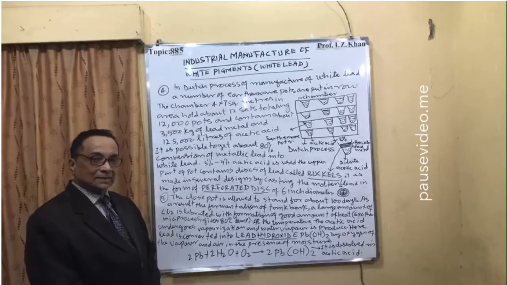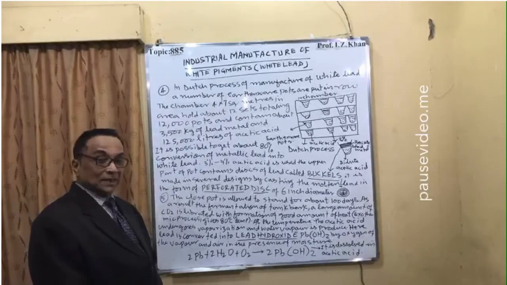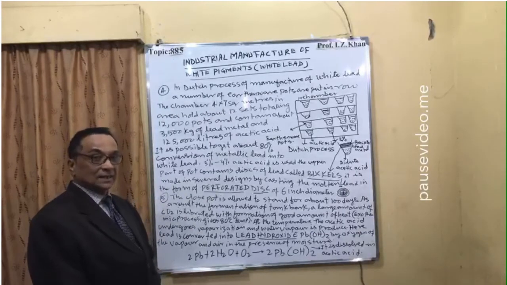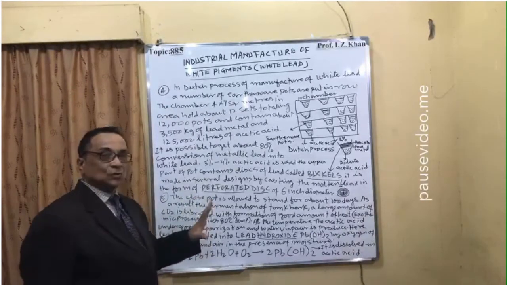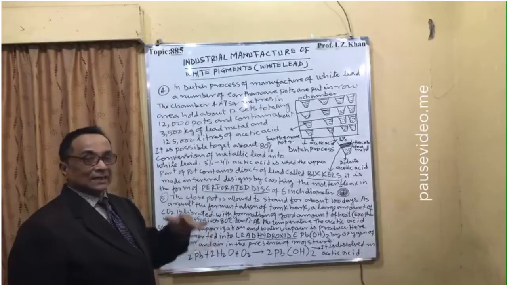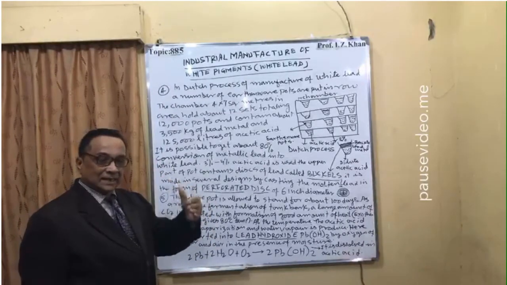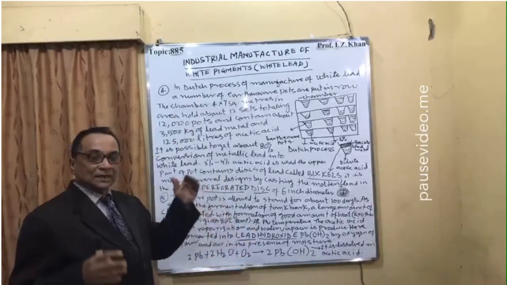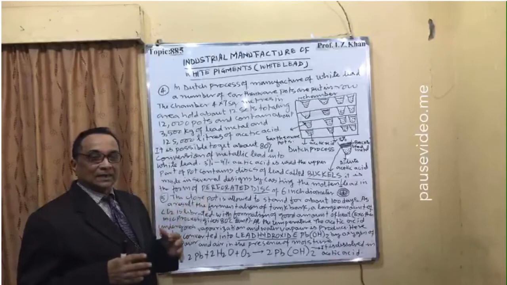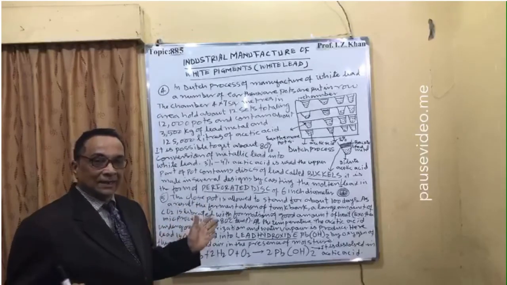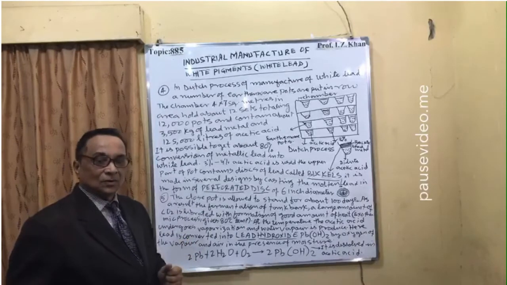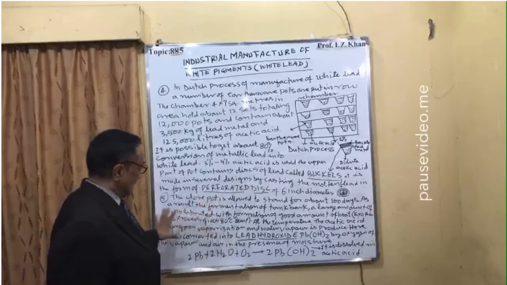That carbon dioxide brings an exothermic reaction, which increases the temperature up to 82 to 83 degrees centigrade, and that temperature is enough to make the acetic acid convert into vapor form. Once it is vaporized, it comes in contact with air, oxygen, and then the metallic lead will be converted into lead hydroxide, that is Pb(OH)2. So that is the reaction mechanism.